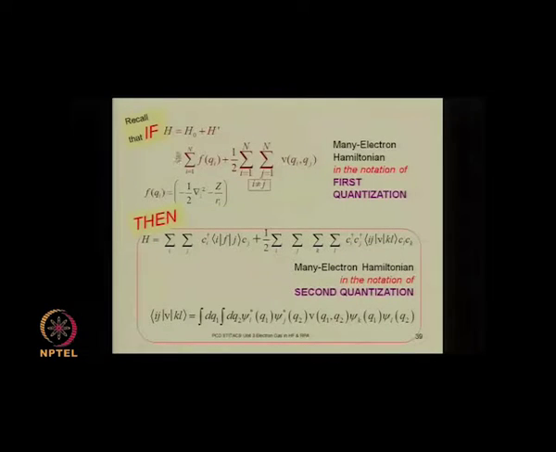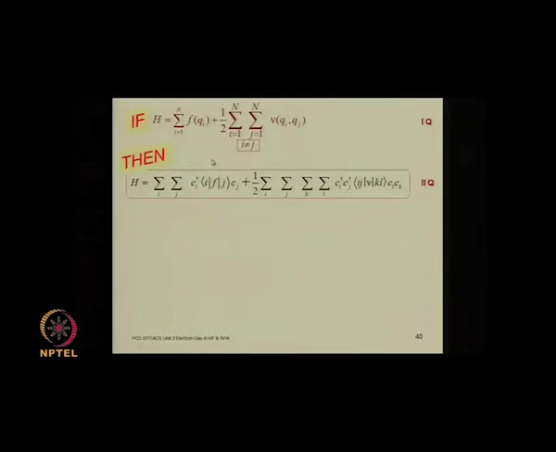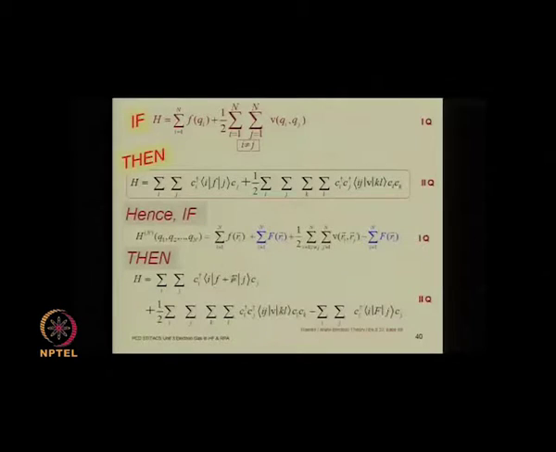Now, our Hamiltonian is not h0 plus h prime, because what we have done is to add and subtract this capital F. To this Hamiltonian we have now added this capital F, this is the term in blue, and we have subtracted the corresponding term in this. So, now we can very easily, without going through a very detailed analysis, quickly write the corresponding Hamiltonian in the second quantization notation.